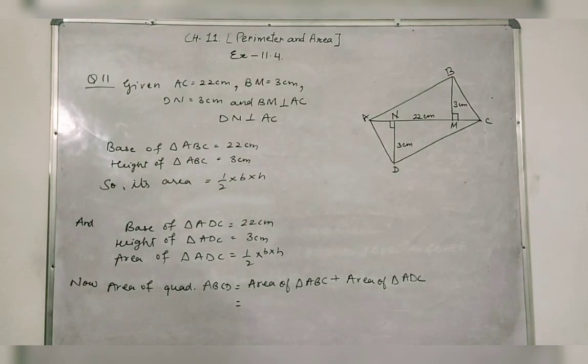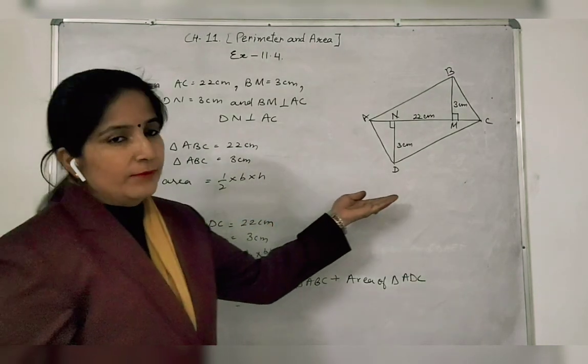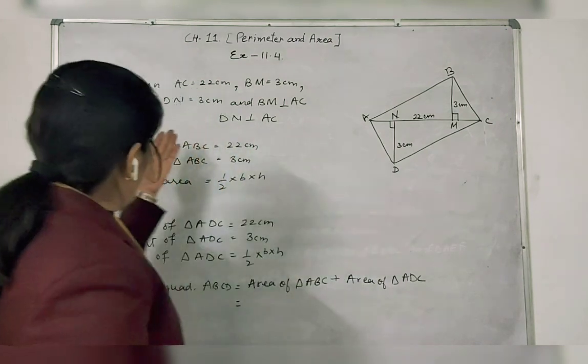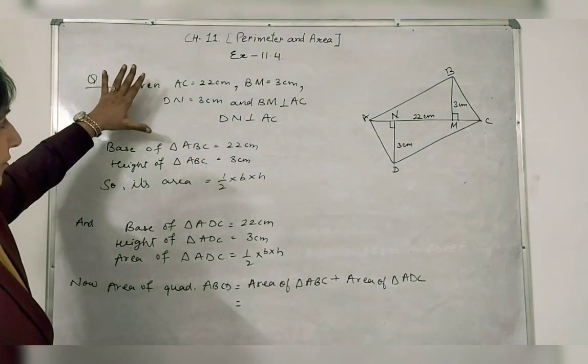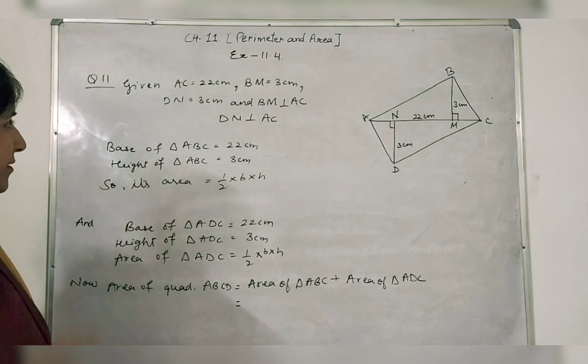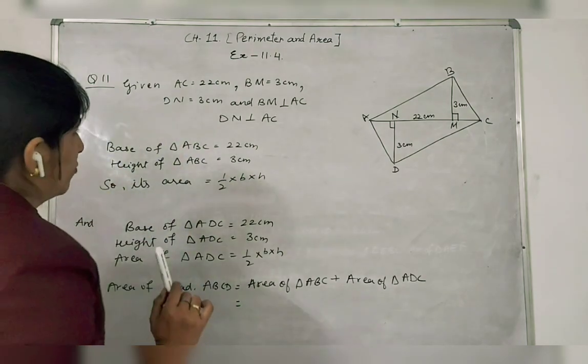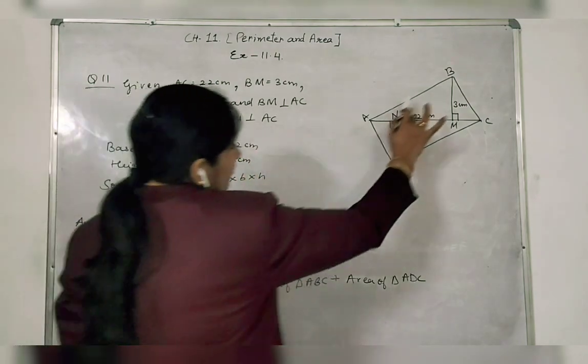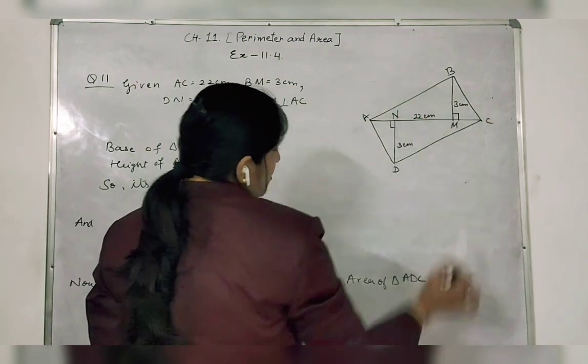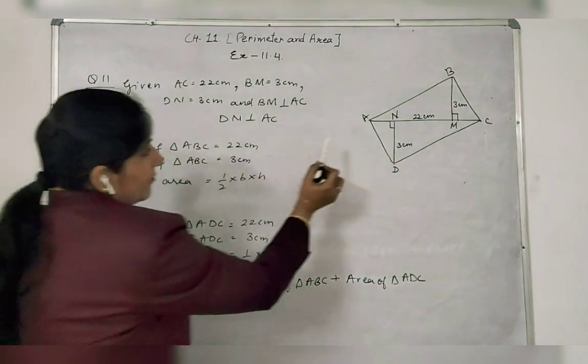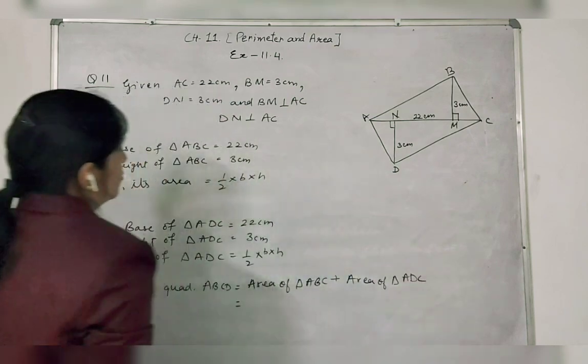Now in question 11 there is a figure given, and the measurements of some sides are given to us. So let us see what is given. In this figure ABCD is a quadrilateral, and AC is given as 22 centimeter.